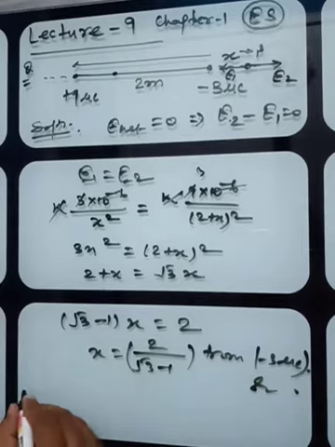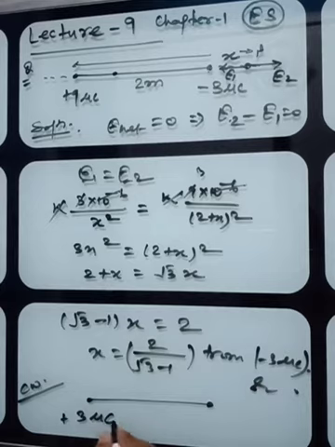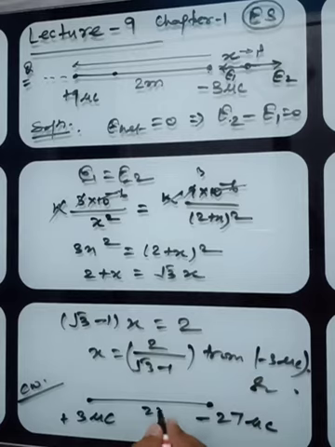Okay students, take another example for your classwork. I'm giving you two charges: plus 3 microcoulomb and minus 27 microcoulomb, separated by 2 meters.